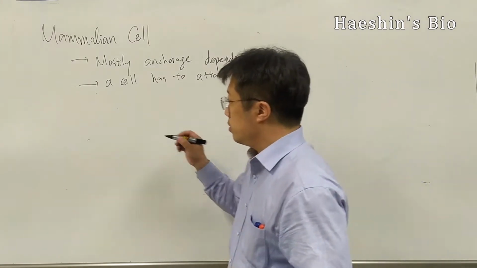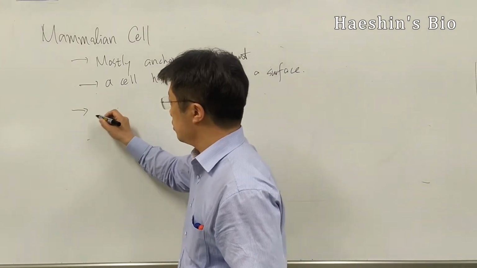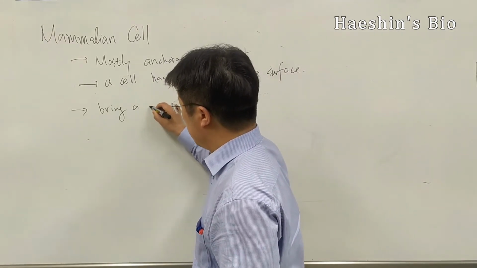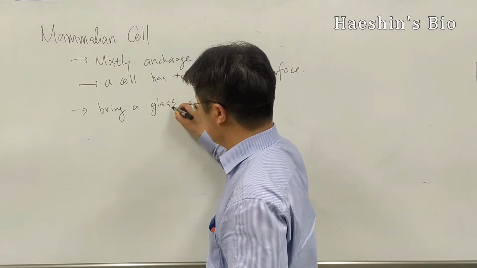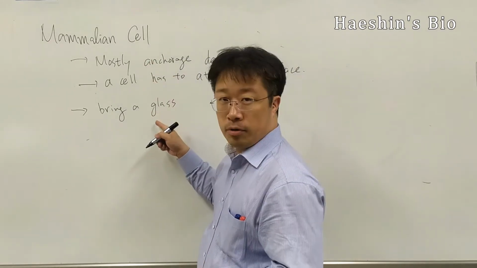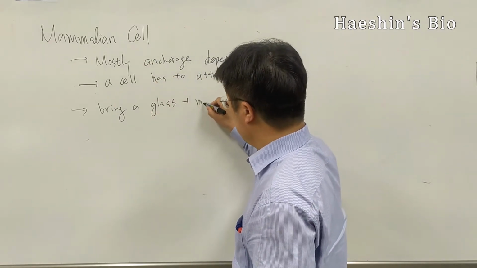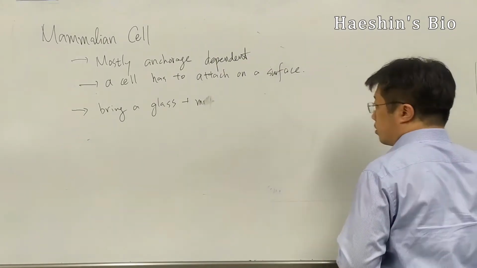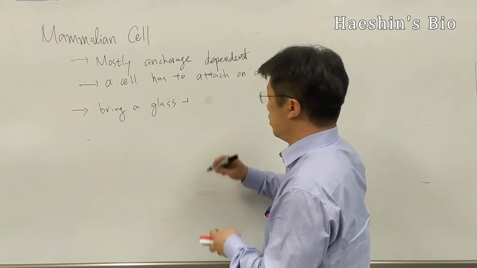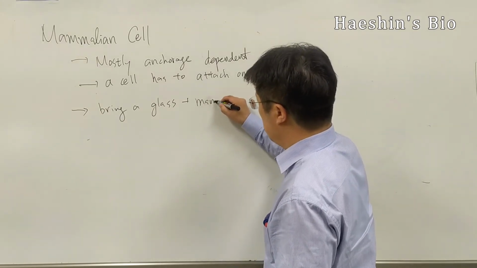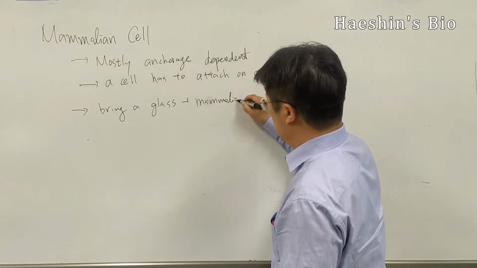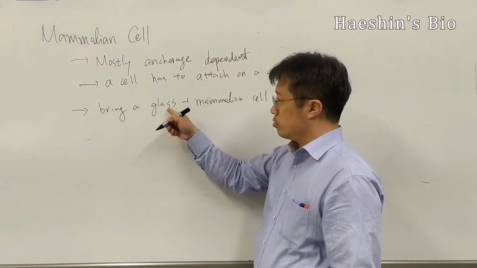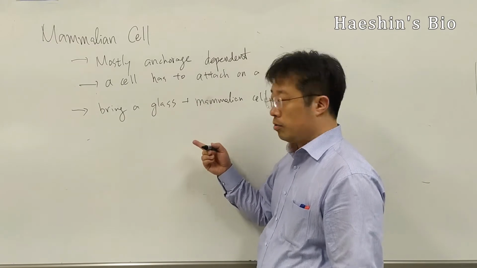That means, for example, if you bring a piece of glass and you have mammalian cells, the cells go to the surface of the glass and they can grow.